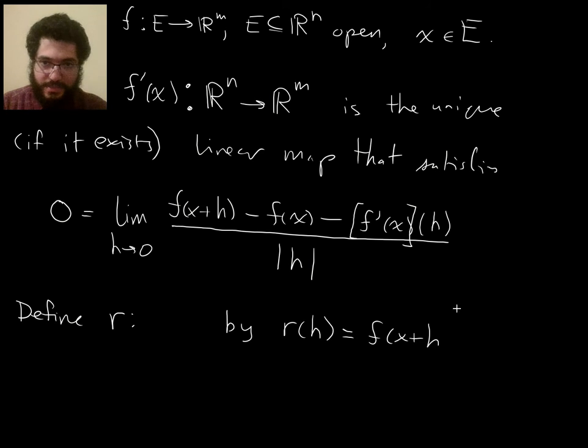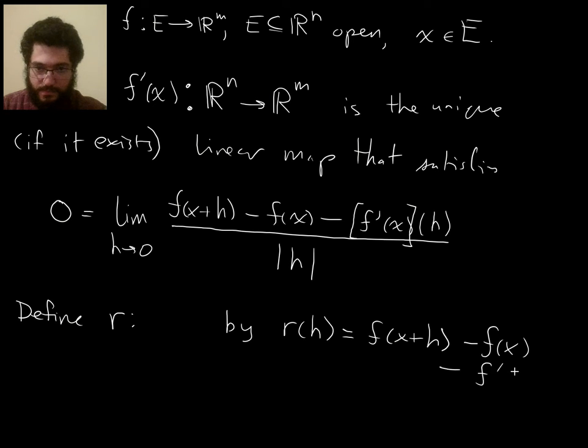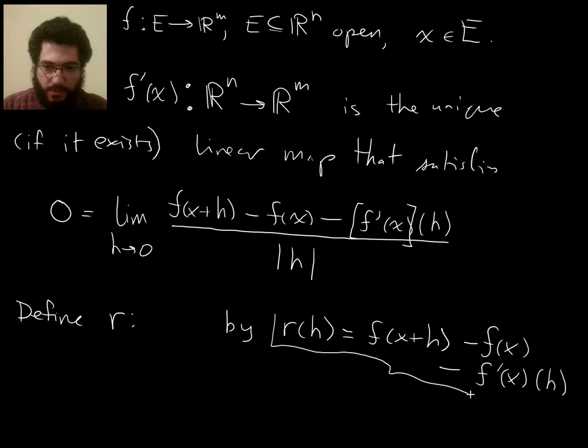Remember, x is fixed, right? We fixed x up here. x is the location at which we're thinking about linearly approximating f, or taking a derivative of f. So define r like this. And r is a function of h. So as far as r is concerned, this is a constant. So just define r like this.